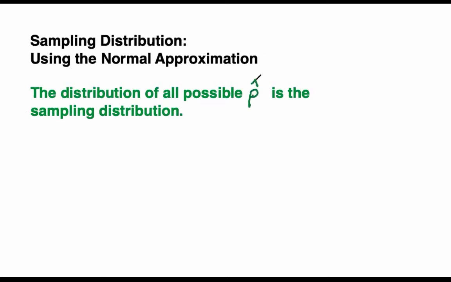So all the possible p hats that we could obtain, that's what we were referring to as the sampling distribution.